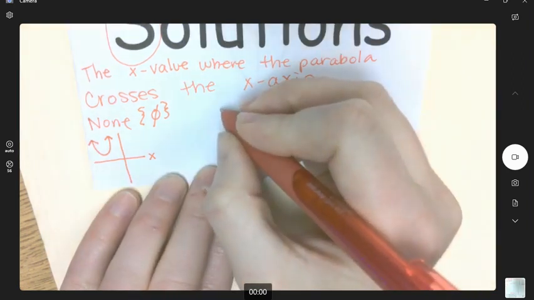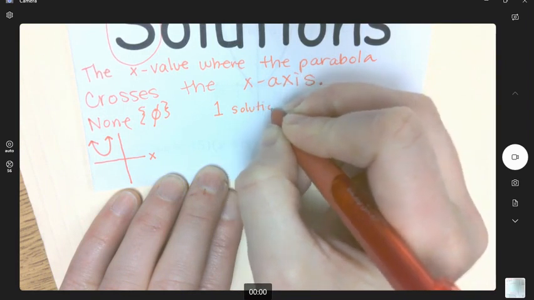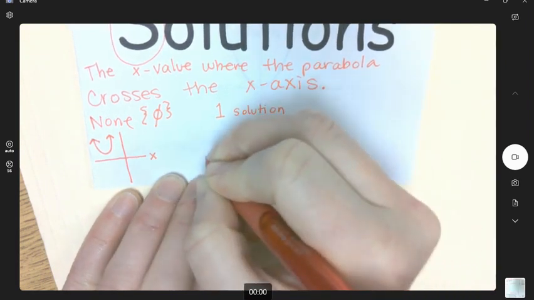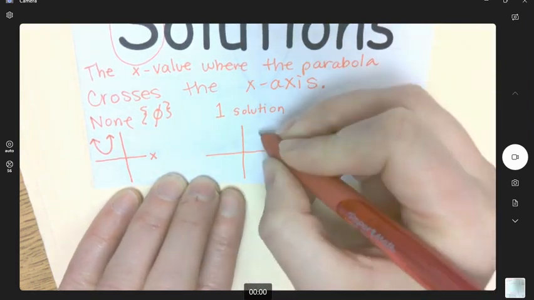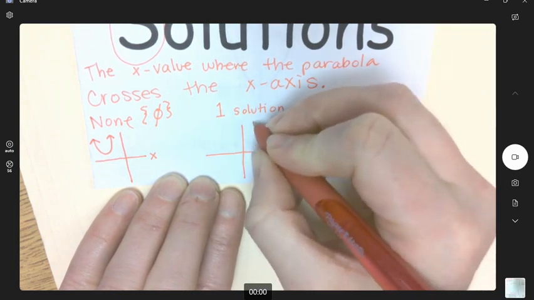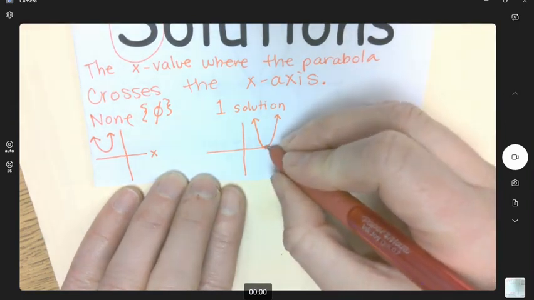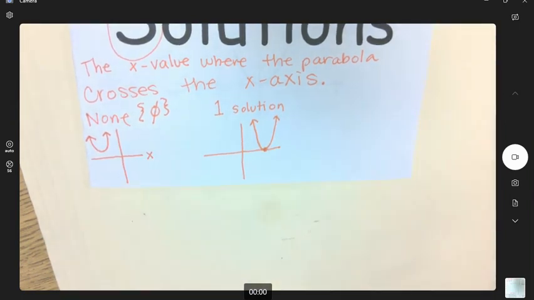You could have one solution. That's when it crosses just at one location. Make sure you zoom in if you're graphing on Desmos, that you zoom in and it truly is just that one spot.